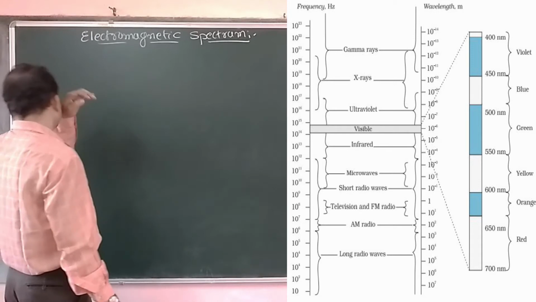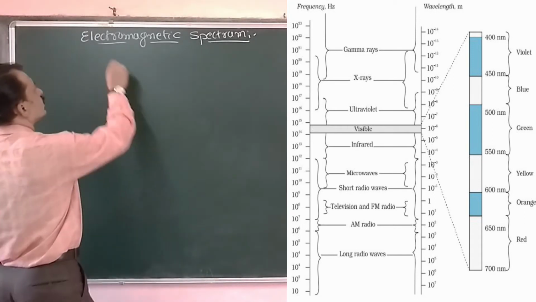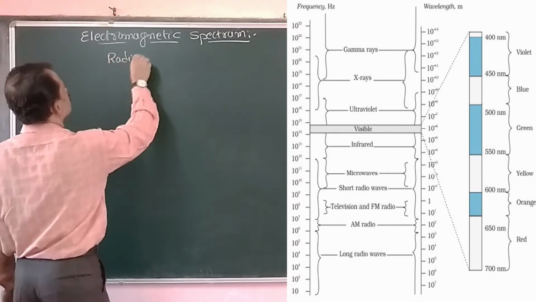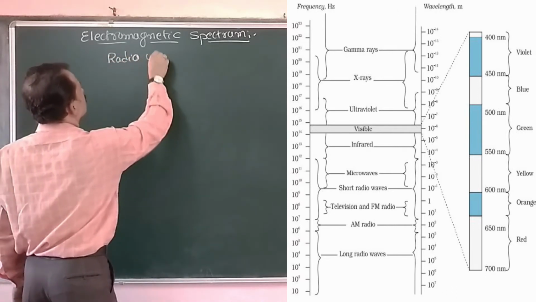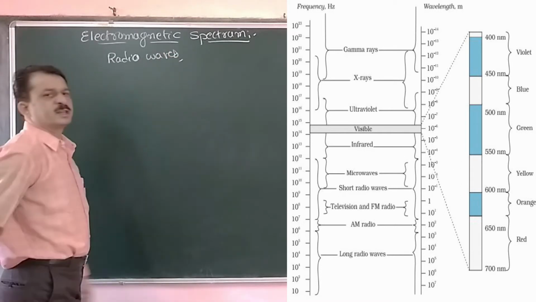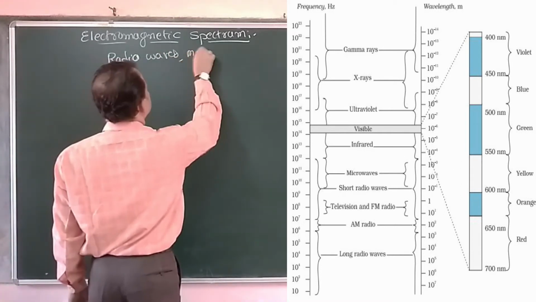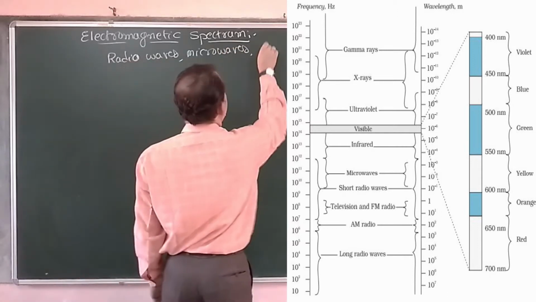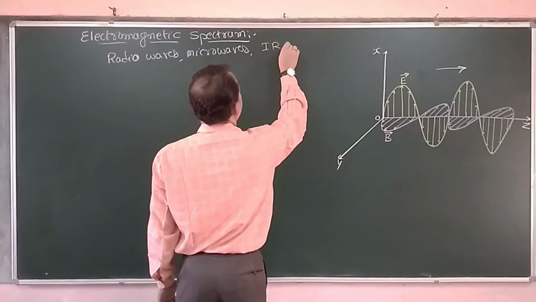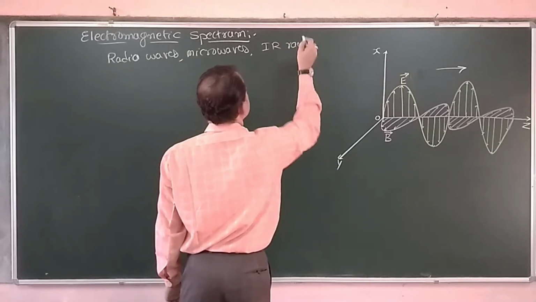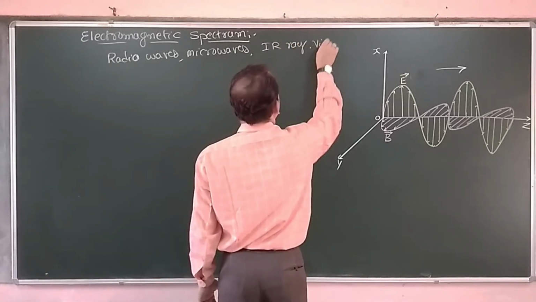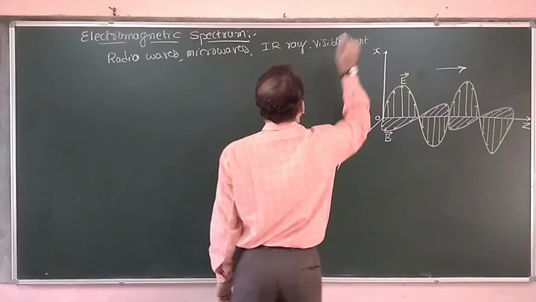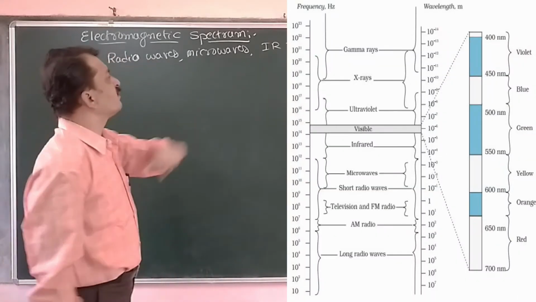Now, with the increase in frequency, first we have radio waves. Then come microwaves. Next, IR rays or radiations. Next, visible light, according to their increasing frequency.